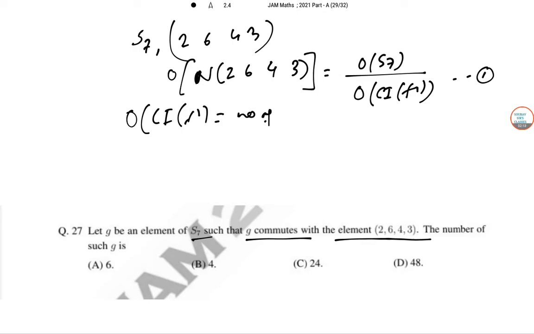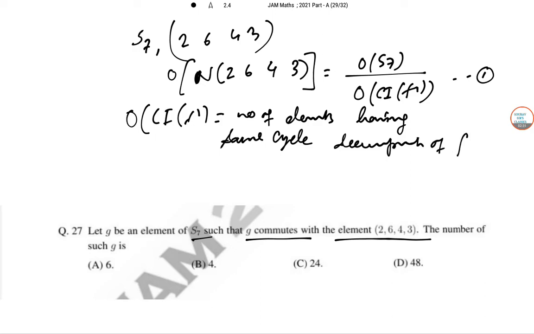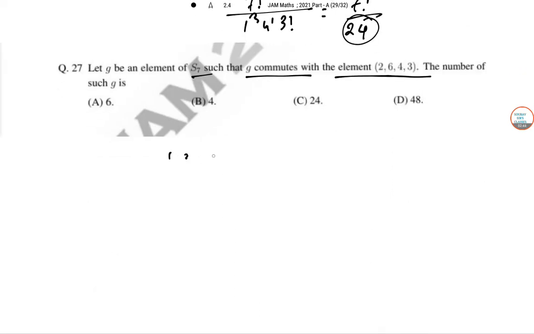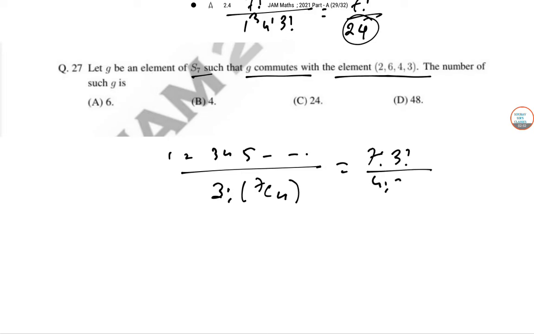So the number of elements having the same cycle decomposition of f: 7 factorial over 1 cubed times 4 to the power 1, which is 7 factorial by 4. In this way, 7 factorial over 3 factorial times 4 factorial, that is 7 choose 4 times 3 factorial.